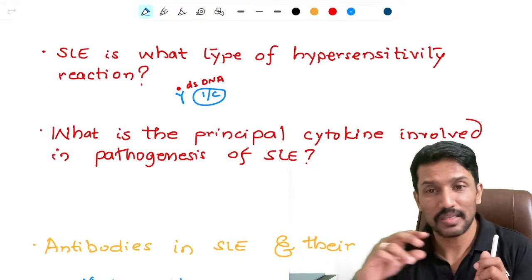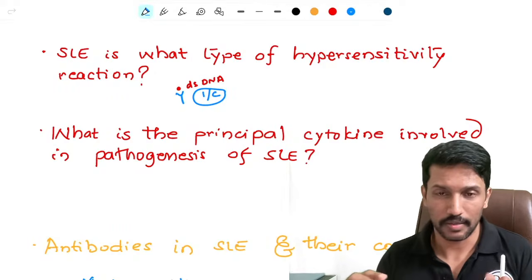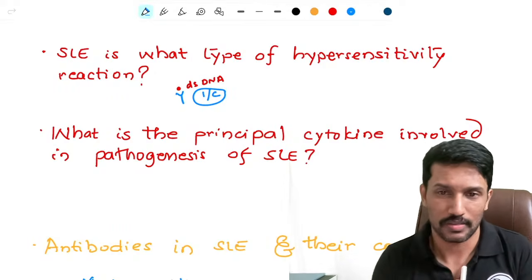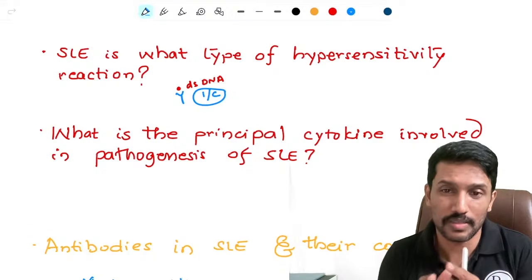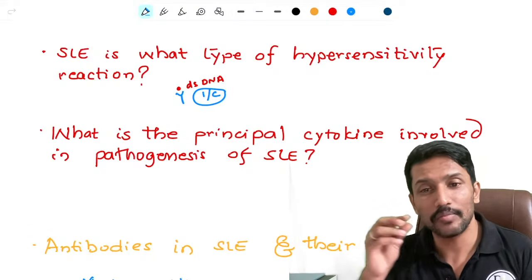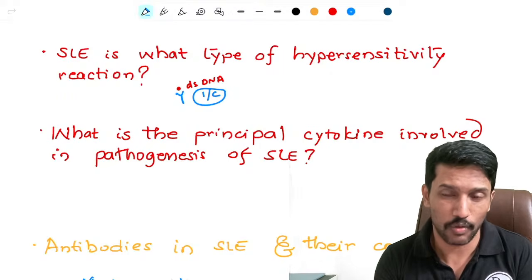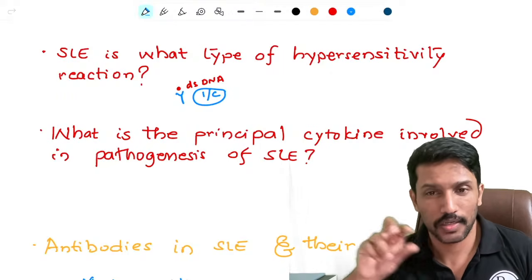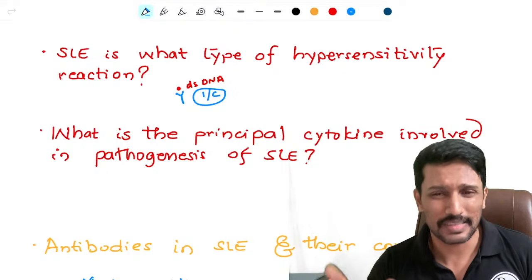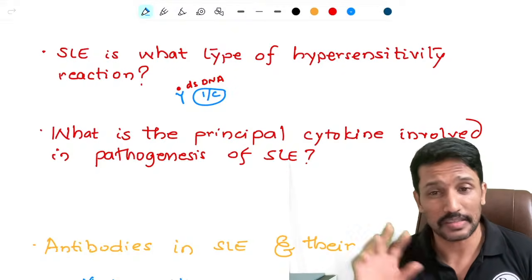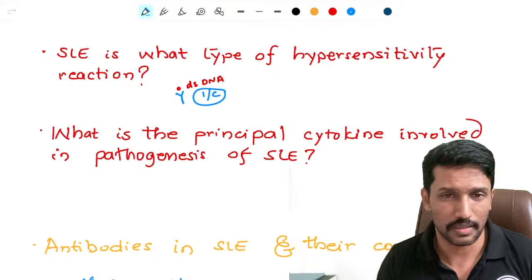These immune complexes start circulating and they get deposited in the organs. In whichever organ these immune complexes are deposited, they become dysfunctional. There will be an inflammatory attack on that particular organ where there is immune complex deposition, and the organ gets inflamed and becomes dysfunctional. That's how we are getting so many manifestations in SLE.